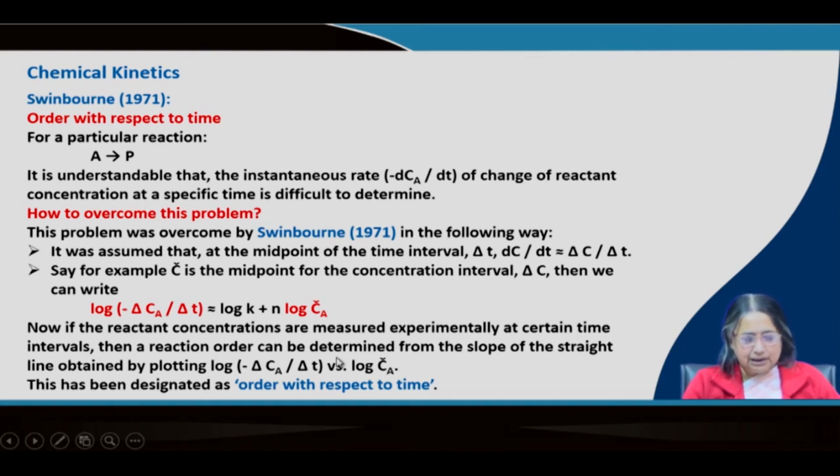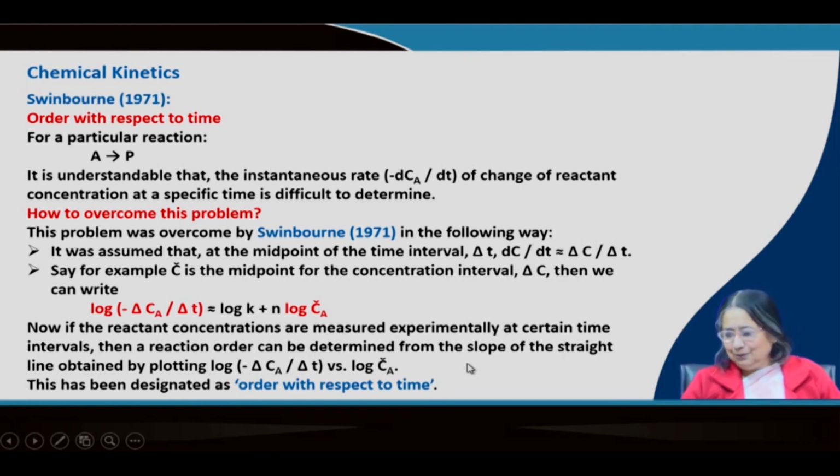Then the reaction order can be determined from the slope of the straight line obtained by plotting log of delta CA by delta t versus log CA average. After plotting this versus this, you will get the order of the reaction. And this order, he said, is the order with respect to time.